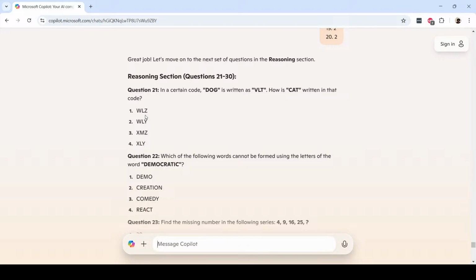The G is this, but it is saying Z or Y. How G becomes T, we don't know. So 21 again not attempted. These kinds of questions will just eat up our time.